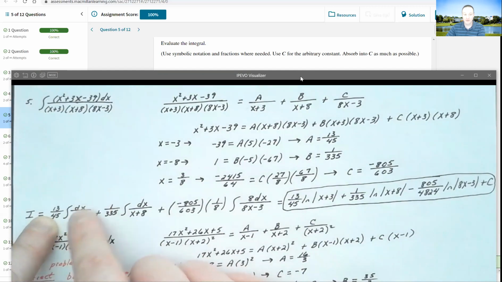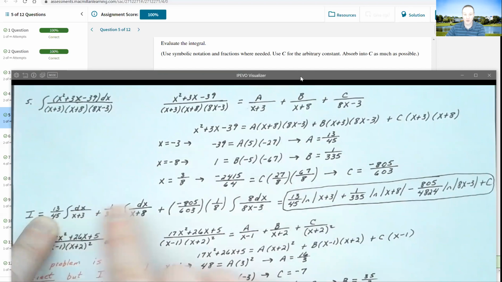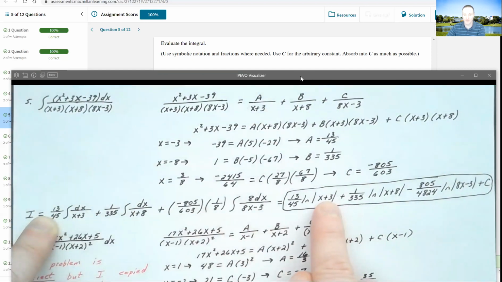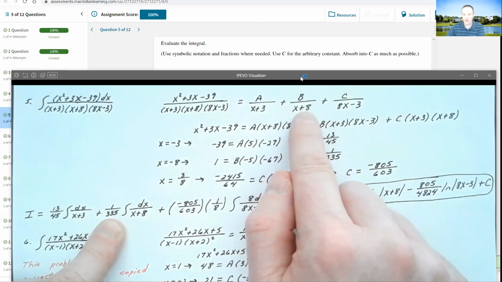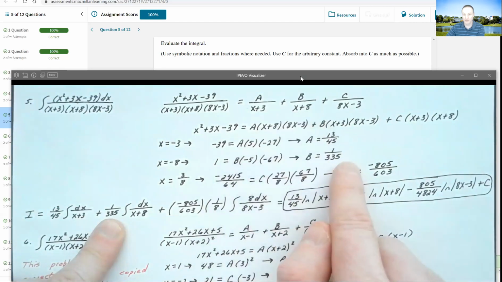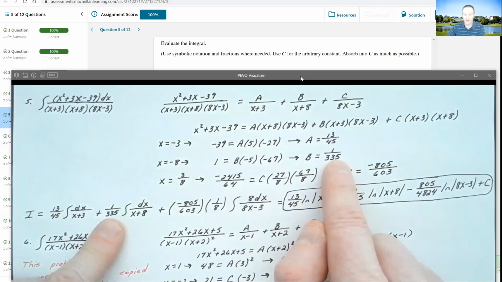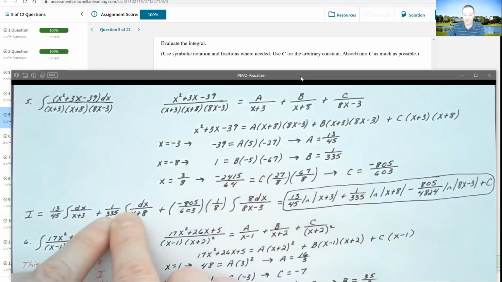I see the derivative of the denominator in the numerator. That's just going to be 13 over 45 natural log the absolute value of x plus 3. The next term is going to be the integral of b over x plus 8, where b is this 1 over 335. Again, notice I went ahead and factored that out.